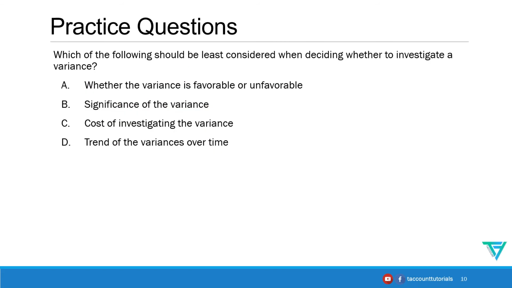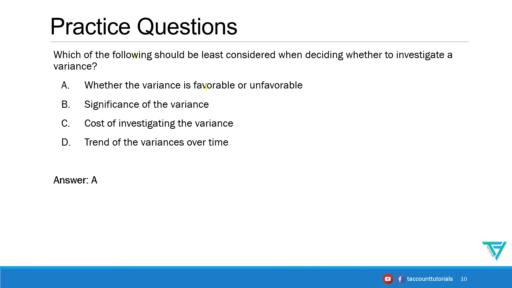Which of the following should be least considered when deciding whether to investigate a variance? A, whether the variance is favorable or unfavorable. B, significance of the variance. C, cost of investigating the variance. And D, trend of the variances over time. So the answer is A, whether the variance is favorable or unfavorable.